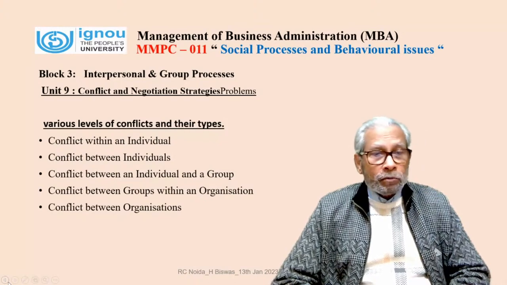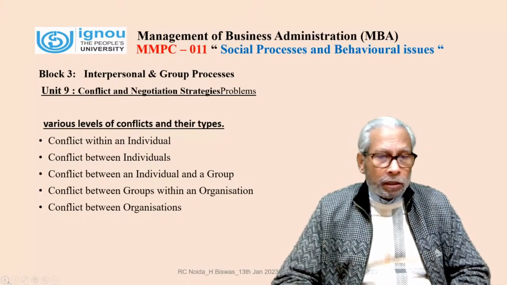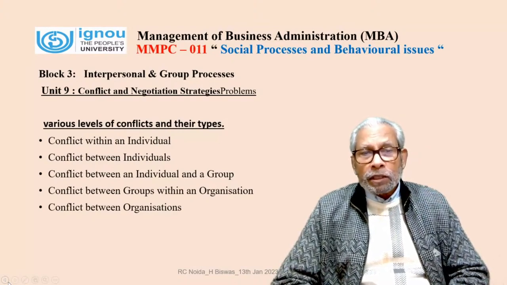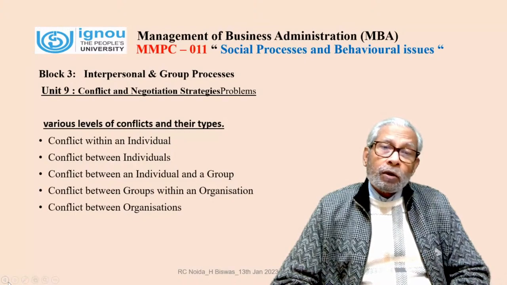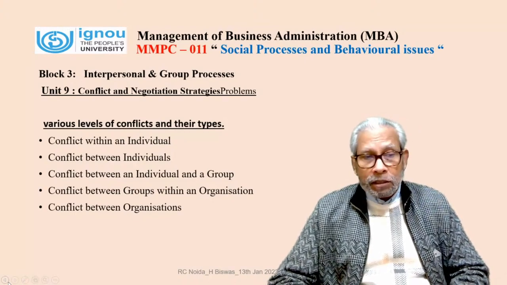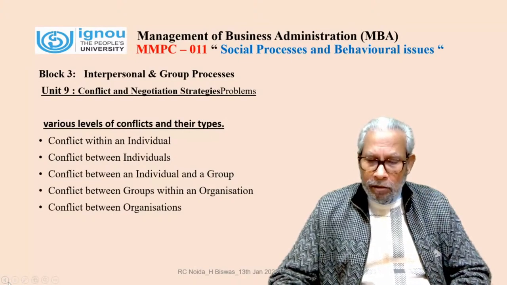There is conflict between groups within the organization, where two groups have some sort of issues and are conflicting with each other. It may also be conflict between organizations, where different organizations are conflicting. So there are various levels and types of conflict.